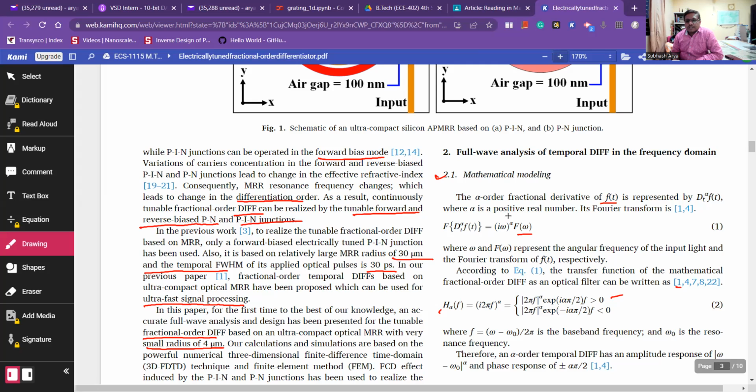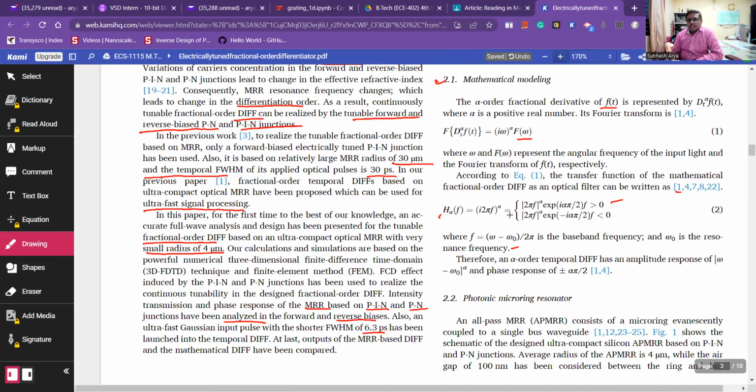Here f is equal to omega minus omega naught divided by 2 pi, the baseband frequency, and omega naught is the resonance frequency. Therefore, an alpha order temporal differentiator has an amplitude response of omega minus omega naught to the power alpha and a phase response of plus or minus alpha times pi by 2.